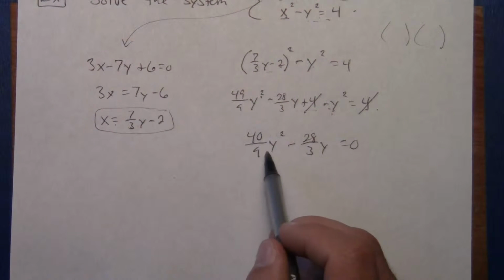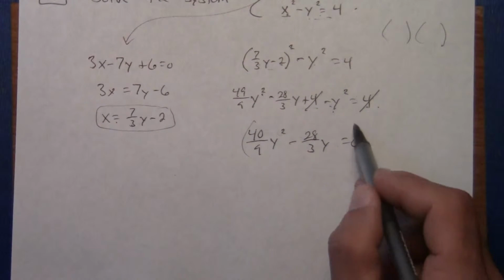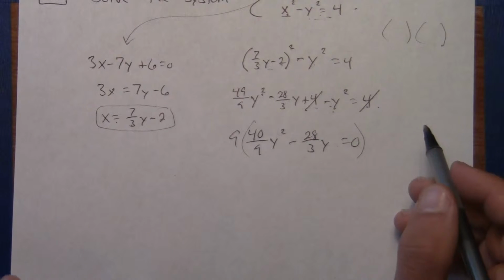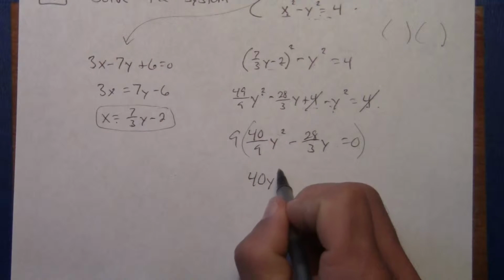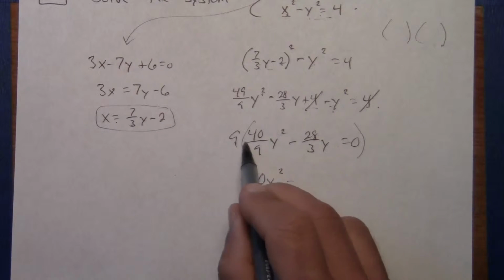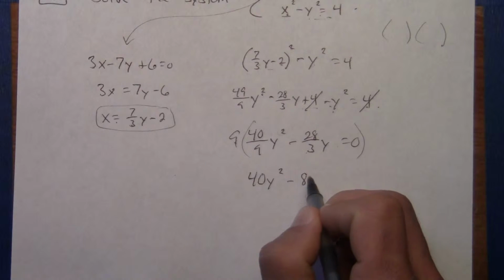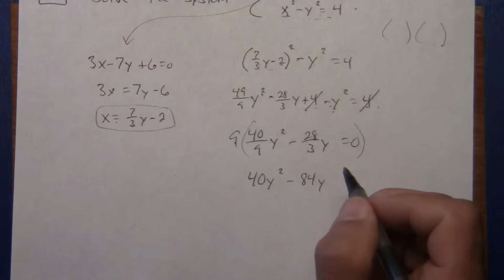Now, if you want to, and it might be a nice idea, let's get rid of the fractions and multiply everything by 9 before we factor out the y. It'll just get rid of the fractions, make the numbers maybe a little bit easier to work with. So that's going to give me 40y squared minus 3 times 28, which is 84y.